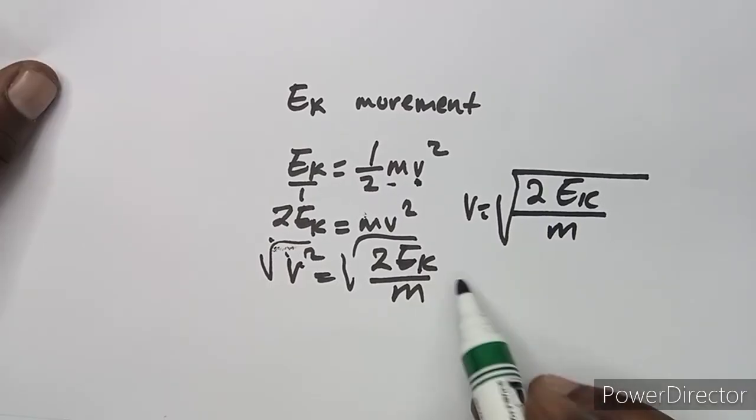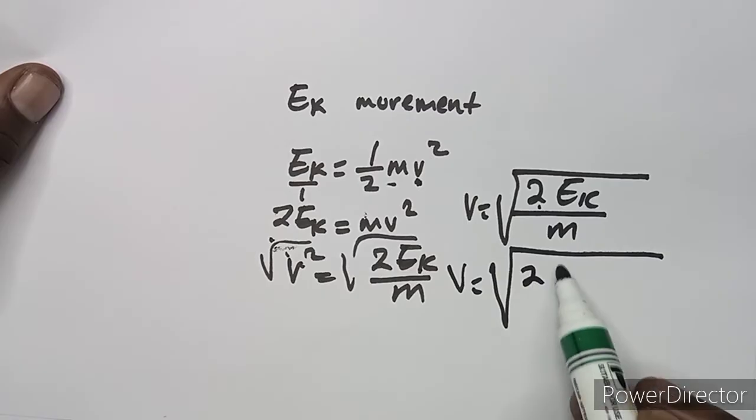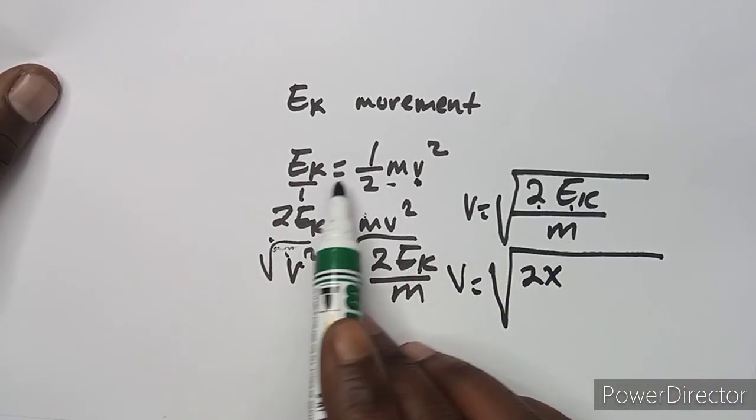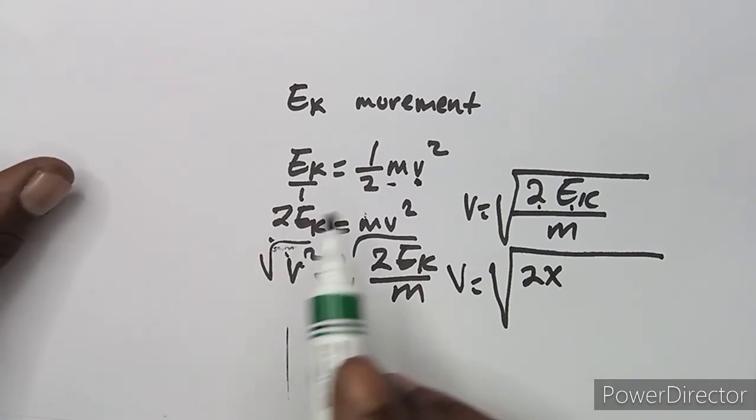Okay, so now let's substitute everything. So we've got the square root of 2 times the kinetic energy. All right, the kinetic energy, we got this before. Remember the kinetic energy, it was 8. In fact, we didn't calculate this kinetic energy directly.